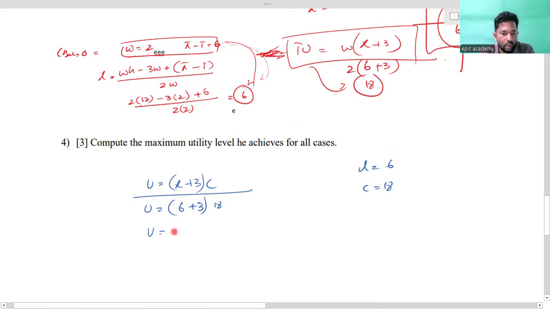So total utility becomes 162, for the first case only. Case number 1, right. So we do the same thing for 2 and 3.